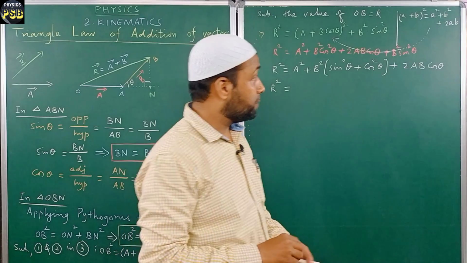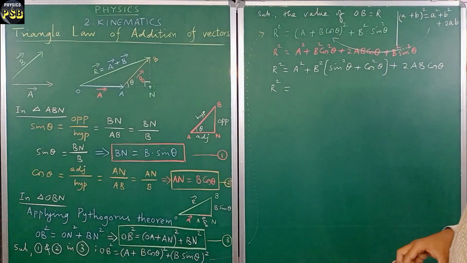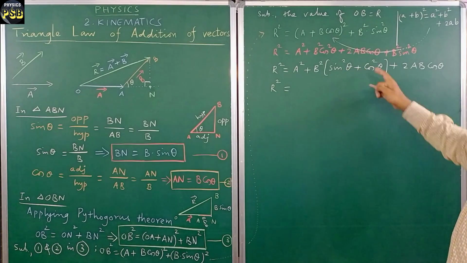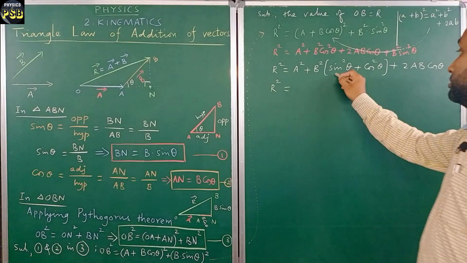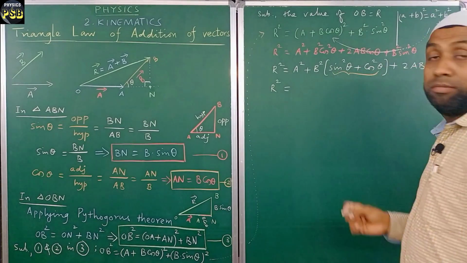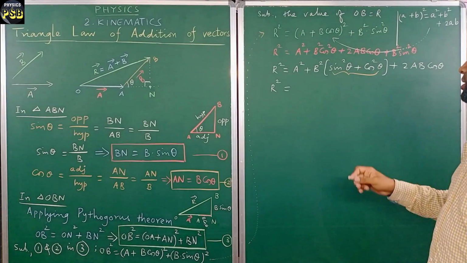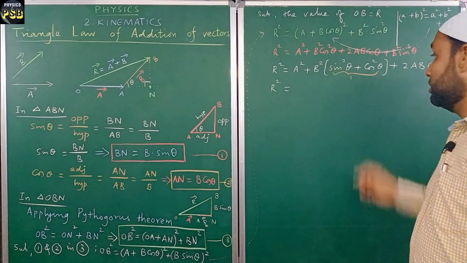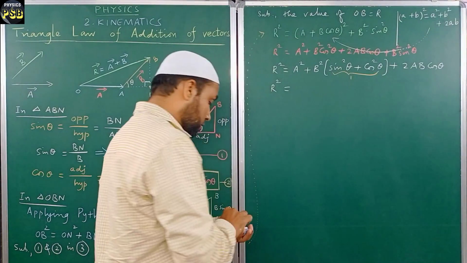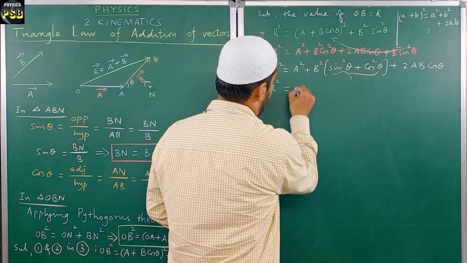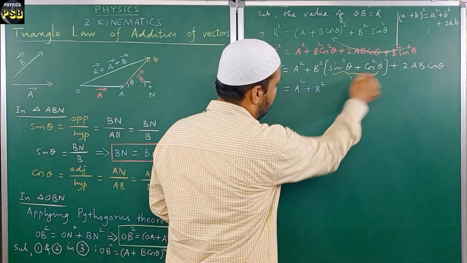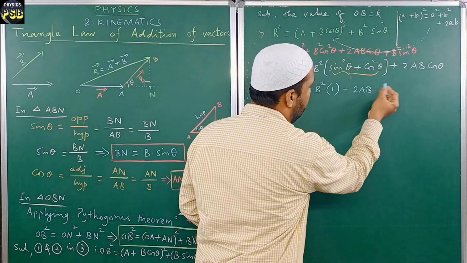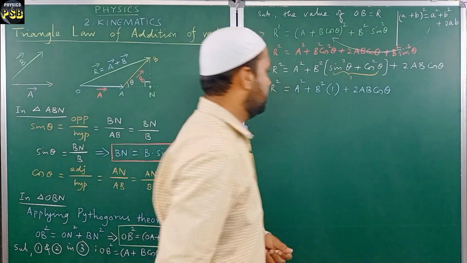Now we know sin square theta plus cos square theta is equal to 1. In trigonometry you might have learned that the addition of sin square theta with cos square theta gives us 1. So in the next step, in the place of this you get 1, plus 2AB cos theta.